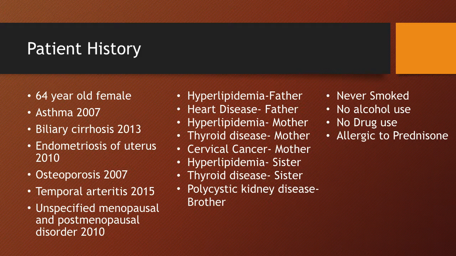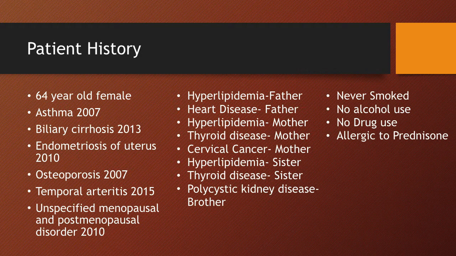Her family history is quite large. So, hyperlipidemia from her father, heart disease from her father as well, hyperlipidemia from mother, thyroid disease from mother, and cervical cancer from mother, hyperlipidemia from sister, thyroid disease from sister, and polycystic kidney disease from brother.